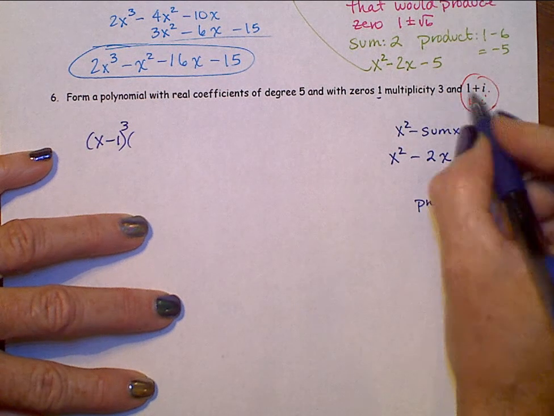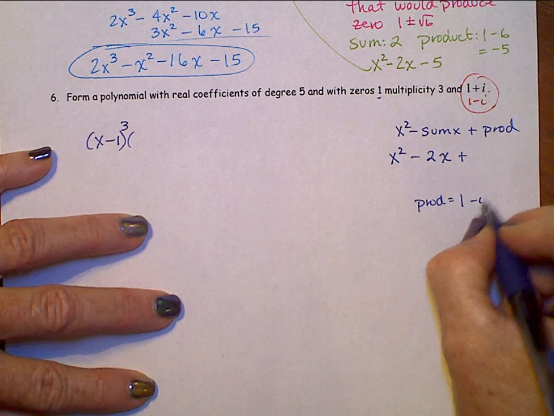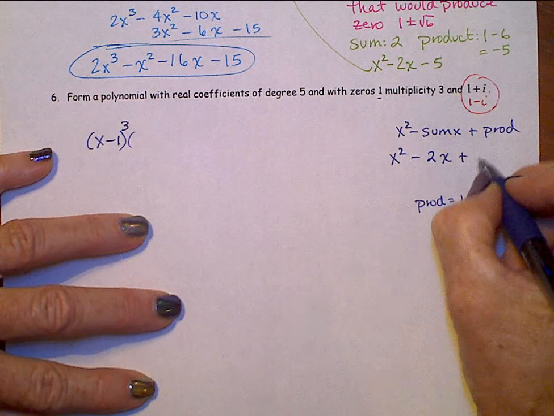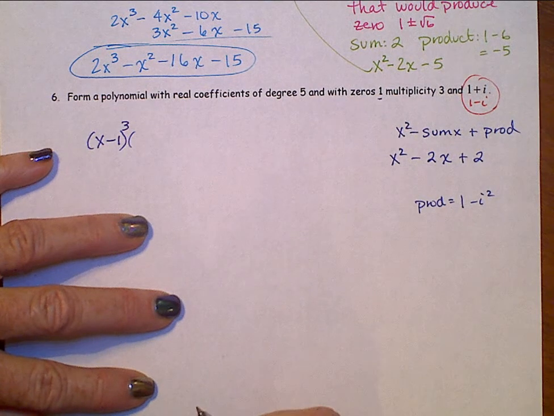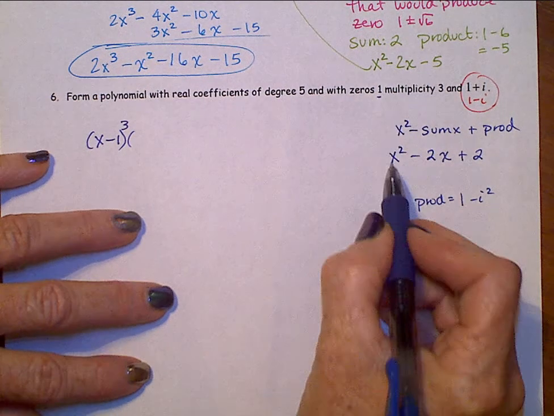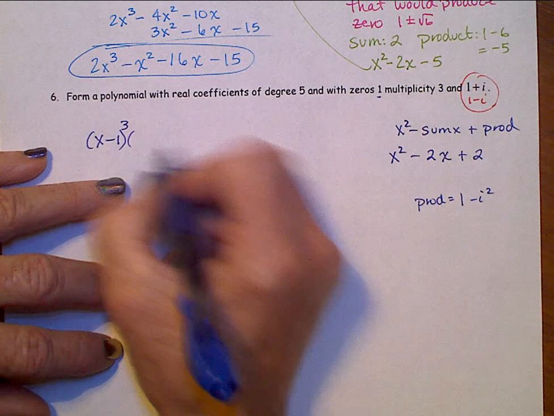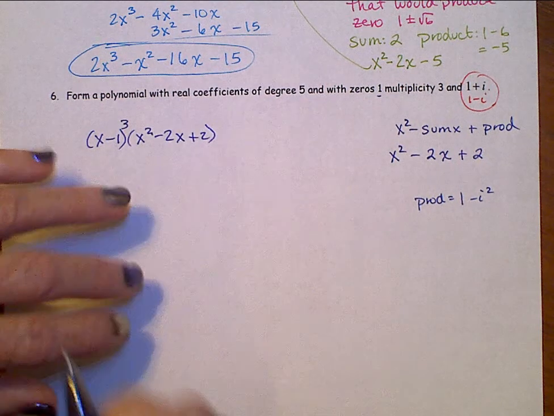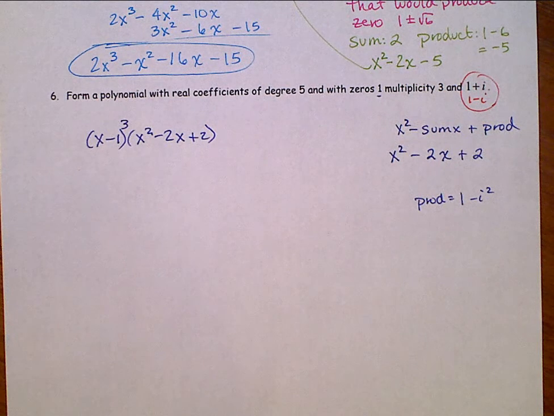Middle terms dropped, and then we have minus i squared. And that'll be a 2. So the product is 2. And let's take that right back over here. X squared minus 2x plus 2. Now we have to multiply this mess out.